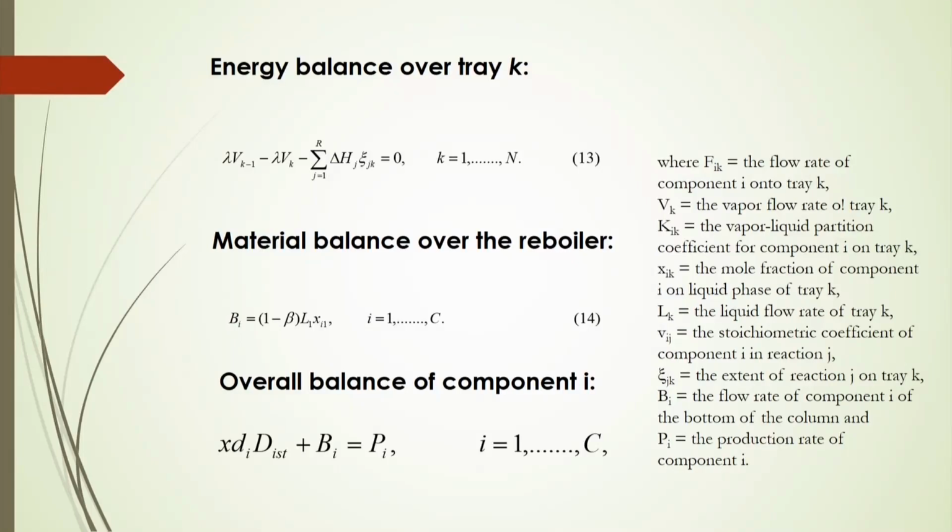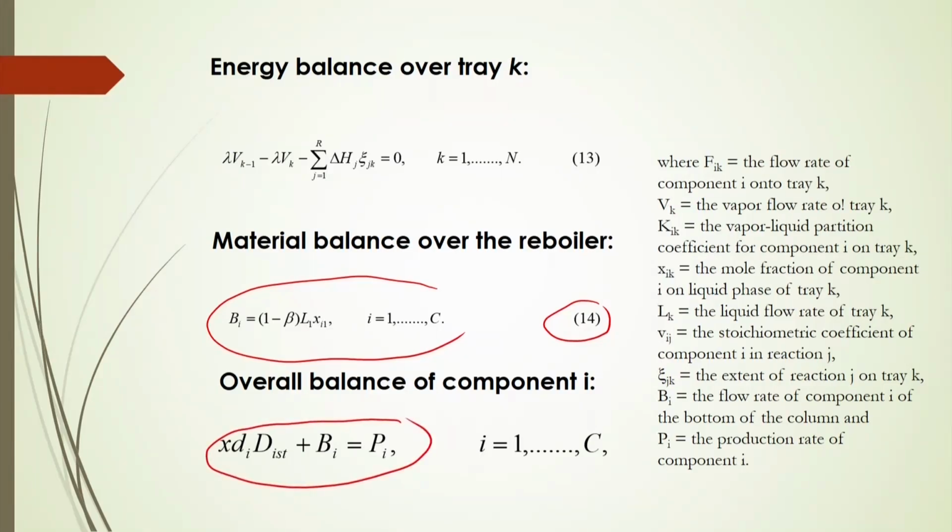And then you have to do the energy balance over the tray K; equation 13 is giving this energy balance equation, and equation 14 is the material balance over the reboiler, whereas the overall balance of component I can be expressed by equation number 15.